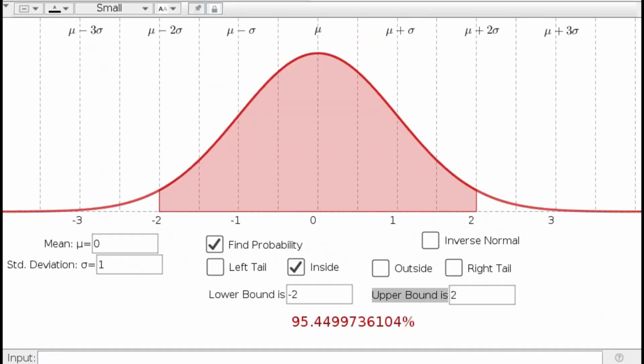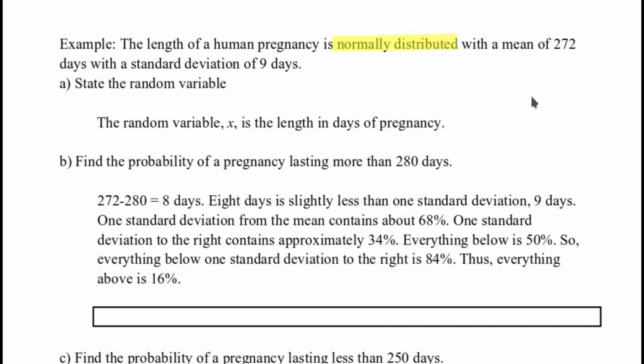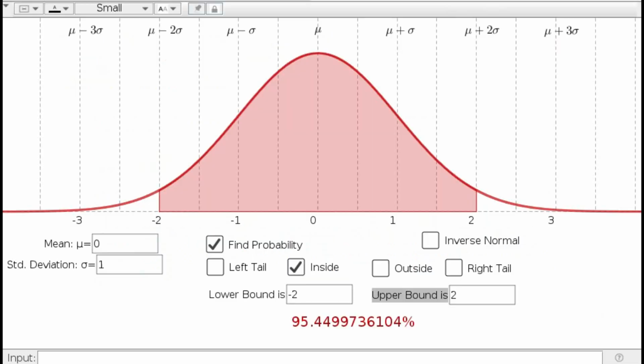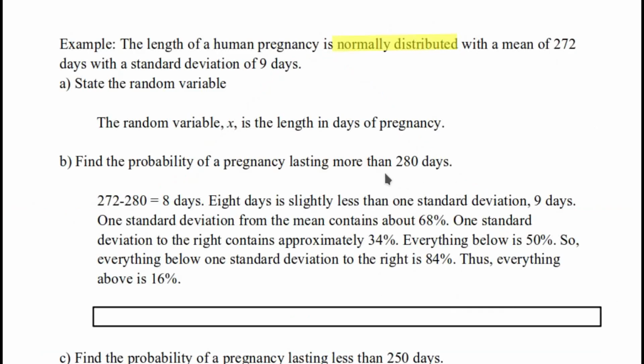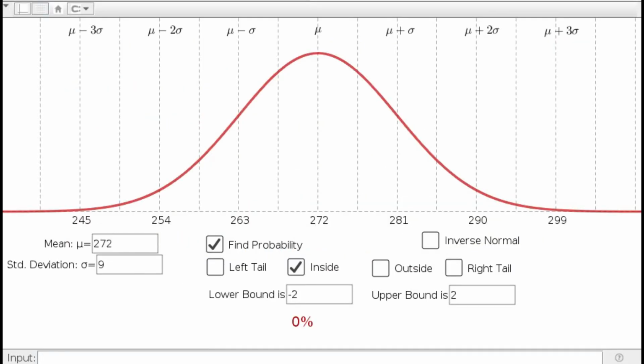Let's go into our standard normal distribution calculator and put in our information, 272 days and a standard deviation of 9 days. So the mean, 272, the standard deviation, 9. We're interested in finding a probability, and that probability is that a pregnancy lasts more than 280 days.